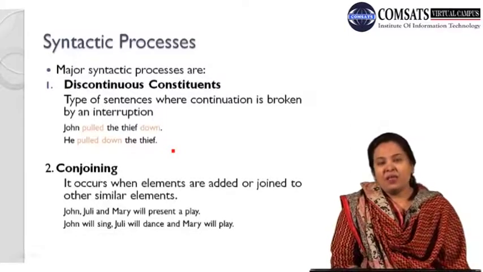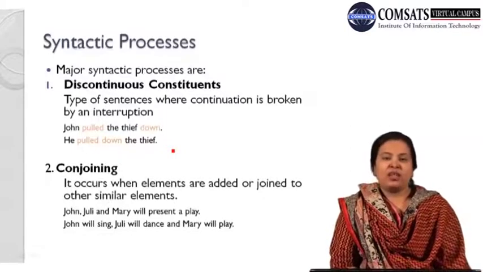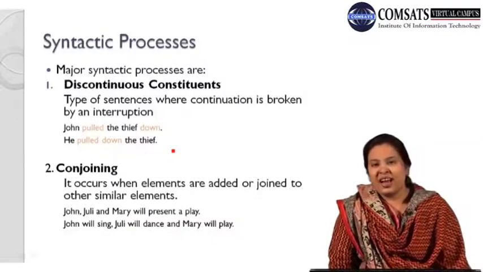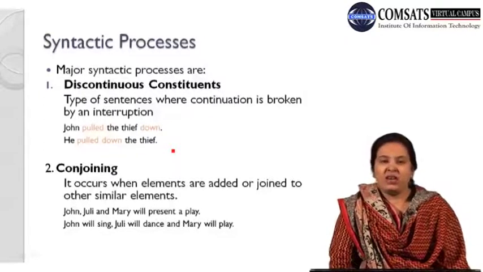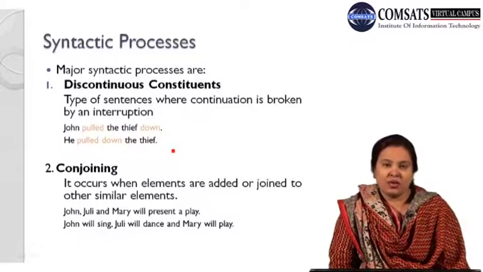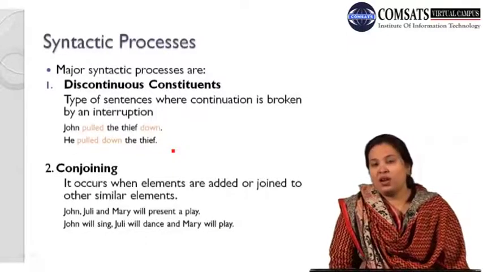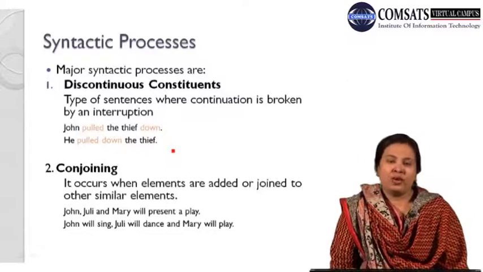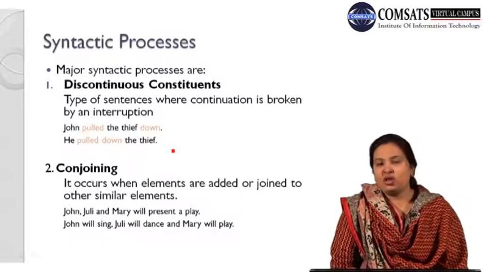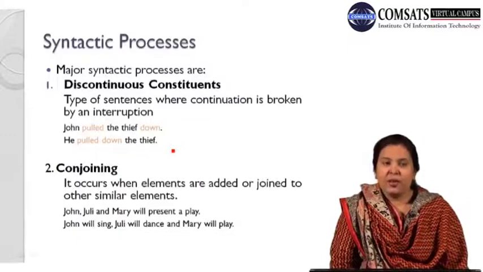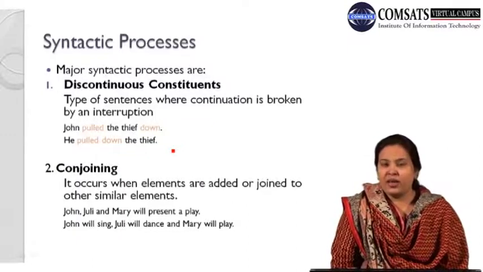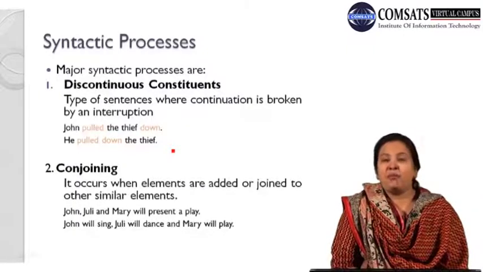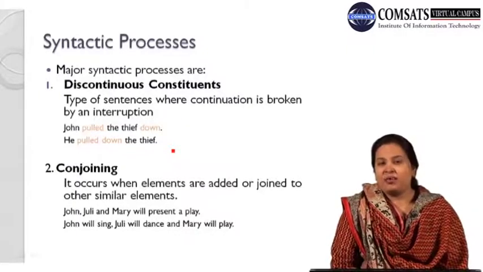If our basic concern is the syntactic analysis of sentences, we should first know that there are different types of syntactic processes. A lot of syntactic processes help us to formulate and define the relationships or nature of sentences, such as embedding and conjoining, and many more, but there are three major types of syntactic process.